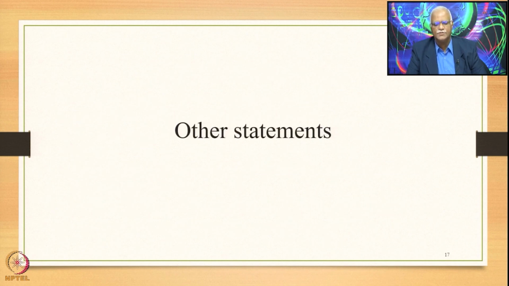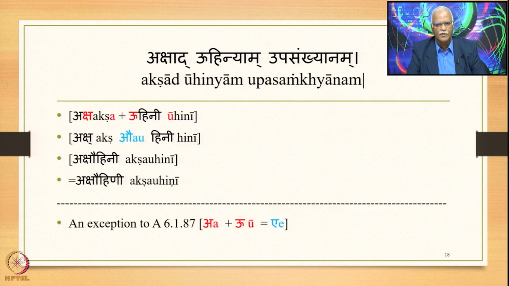After having studied these two important sutras about the vriddhi sandhi, namely vriddhirechi and ityadhatyutsu, let us study some more vartika statements which complete the description of the vriddhi sandhi. The first vartika is akshat uhinyam upasankhyanam, which says that when the word aksha in the compound comes immediately before the word uhini, then in place of this a and u, you have the vriddhi substitute.